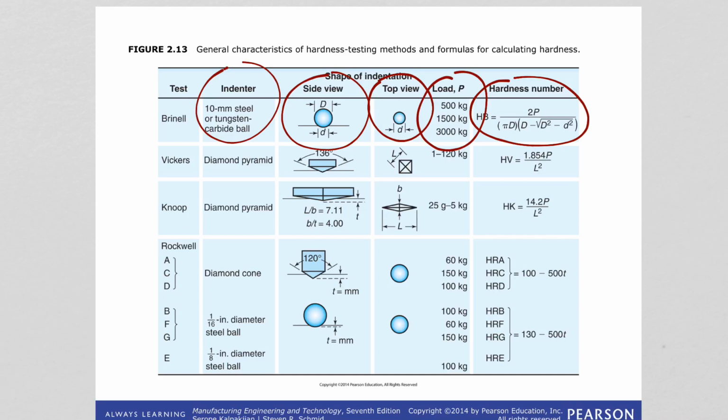Similar to that, all other techniques are listed: Vickers, Knoop, and Rockwell hardness tests, and what type of indenter they use, the shape of the indentation, the typical loading, and also how hardness is related to the force and the dimensions of that indentation.